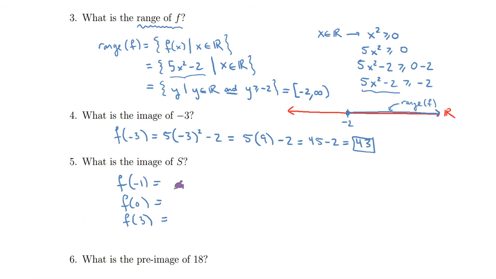Okay, so this will be 5 times negative 1 squared minus 2, 5 times 0 squared minus 2, and 5 times 3 squared minus 2. So this will be 5 times 1 minus 2. So 5 minus 2 is 3.